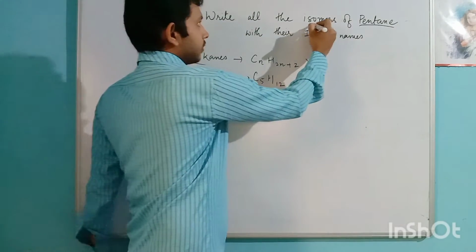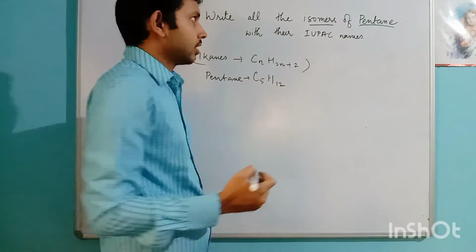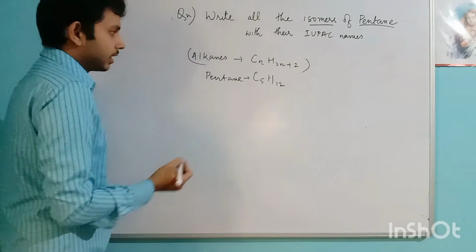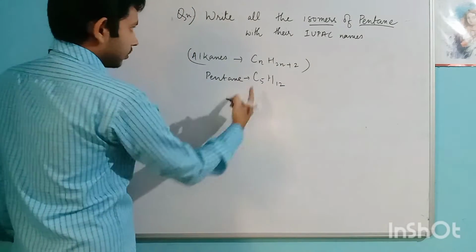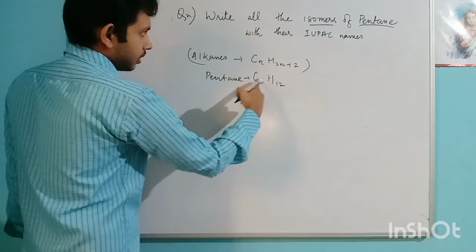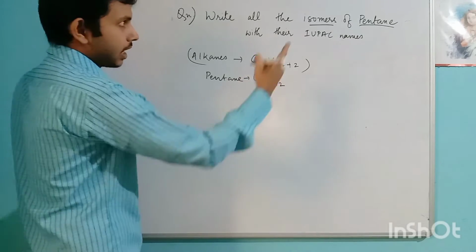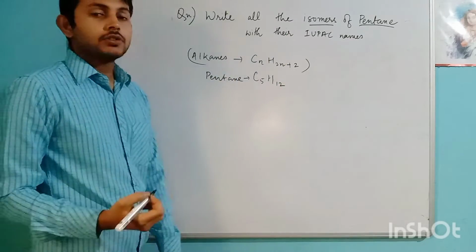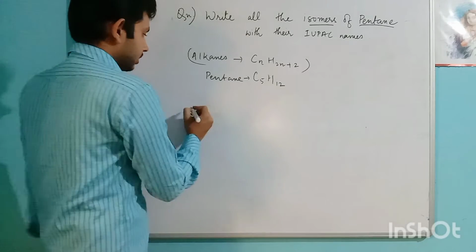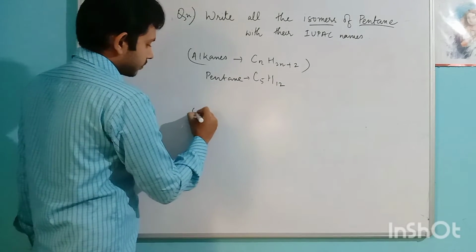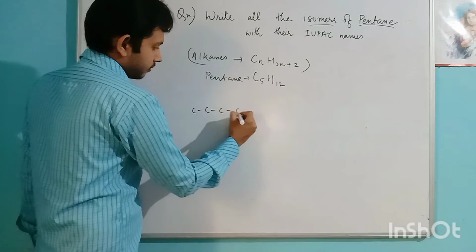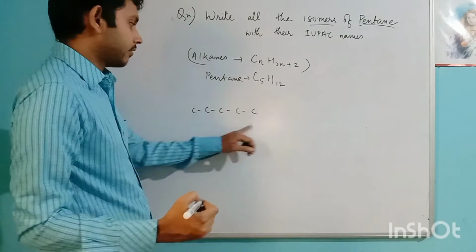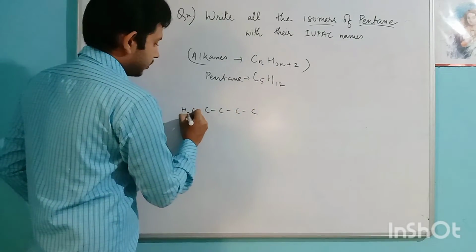So here you have to write isomers of pentane. Let's see how many isomers we can make. There must be 5 carbon atoms, and since it is an alkane, all must be single bonds. Let's write the first one: 1, 2, 3, 4, 5. 5 carbons, and the rest you put hydrogens.